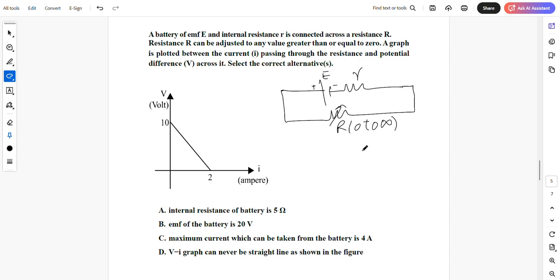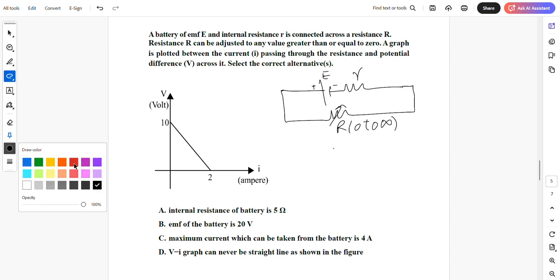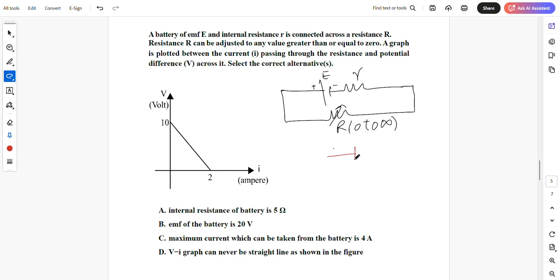Now, when R is equal to 0, what happens? Let us say R is equal to 0; I will make you understand. R equal to 0 means a short circuit.